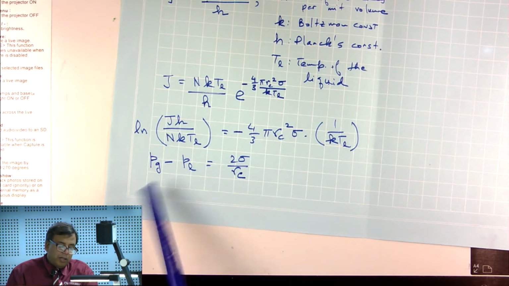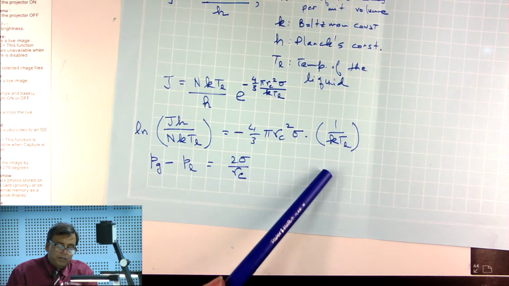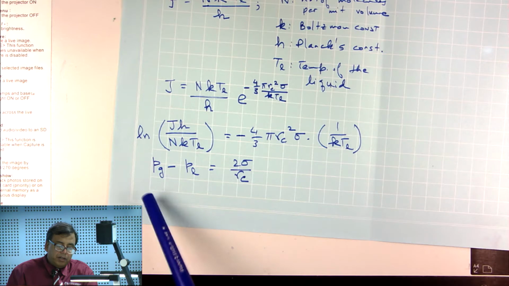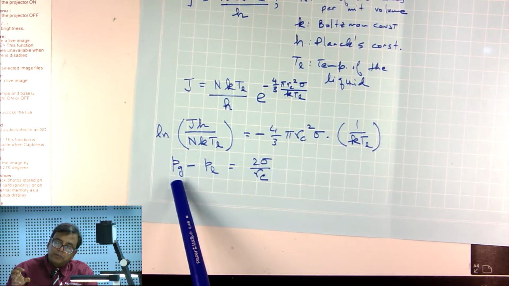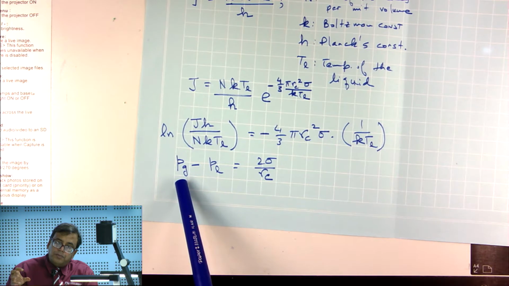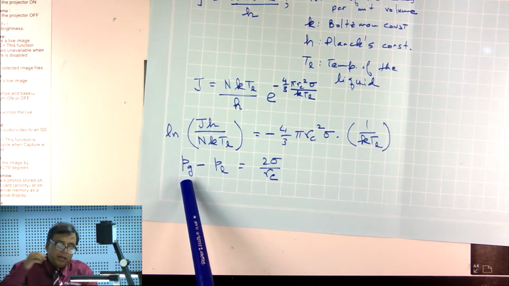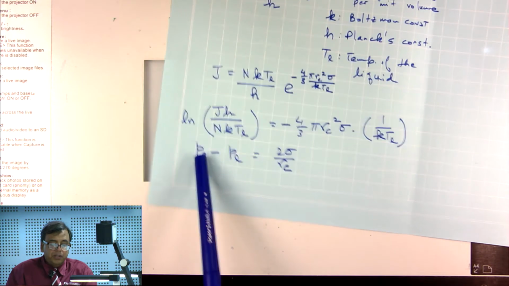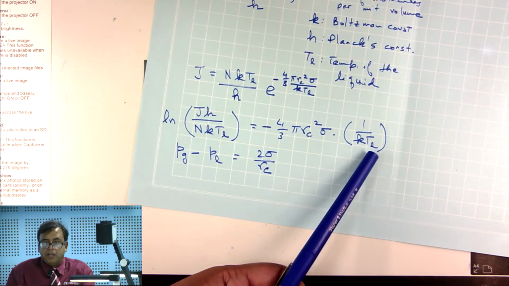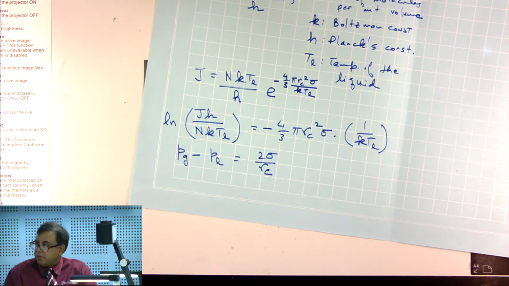So, as long as the TL is the saturation temperature corresponding to P G, I have converged on my iteration. Okay. So, I keep varying it until I hit a P G where the saturation temperature corresponding to P G is the same as the TL. Does that make sense? Okay.